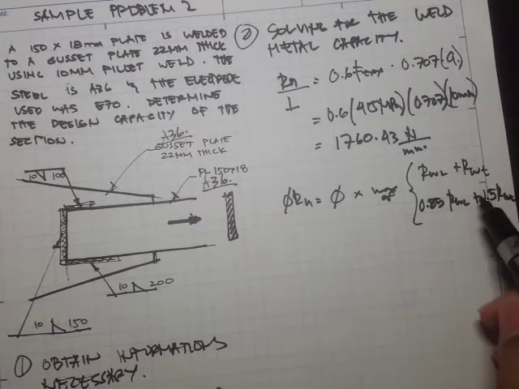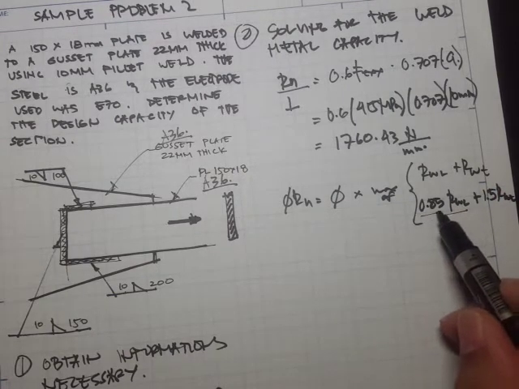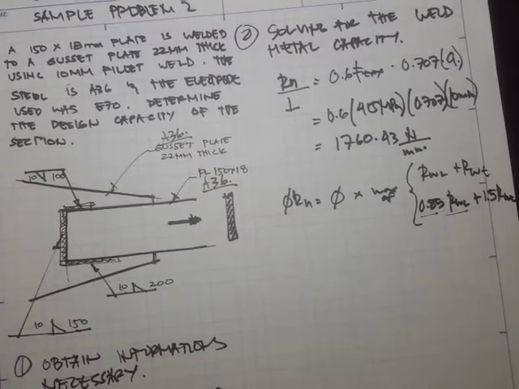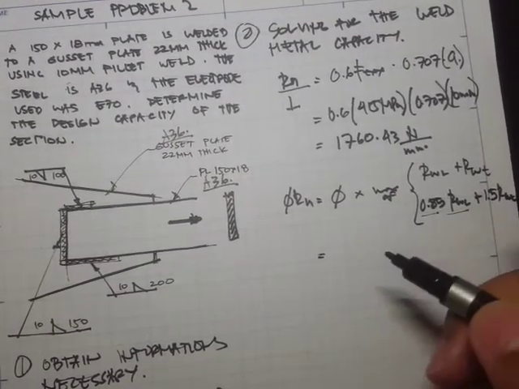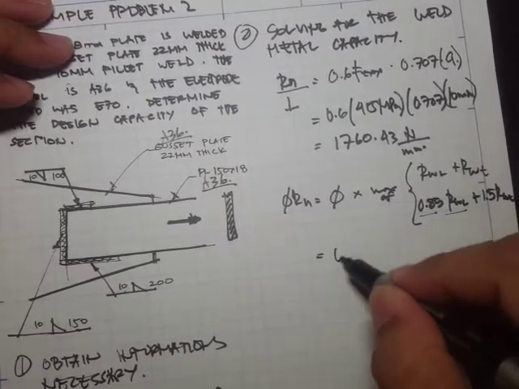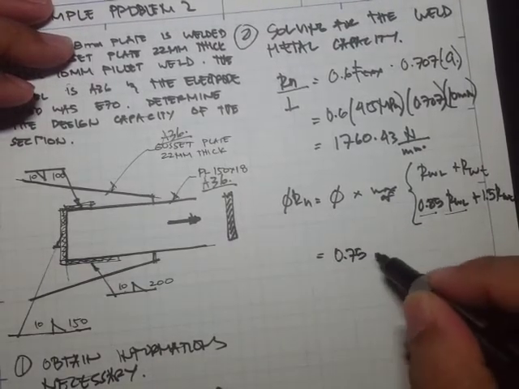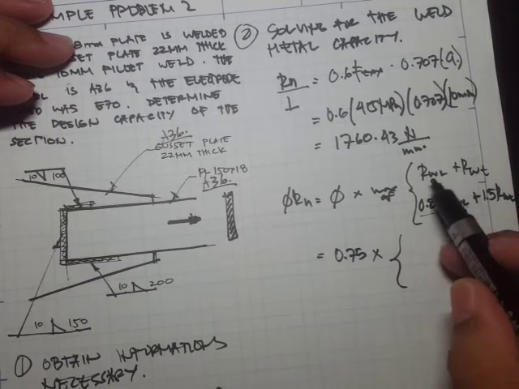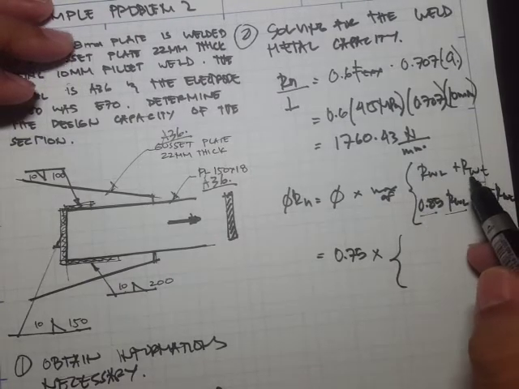Okay, so now let's substitute the values. The reduction factor is 0.75 as always, times the maximum of this one.